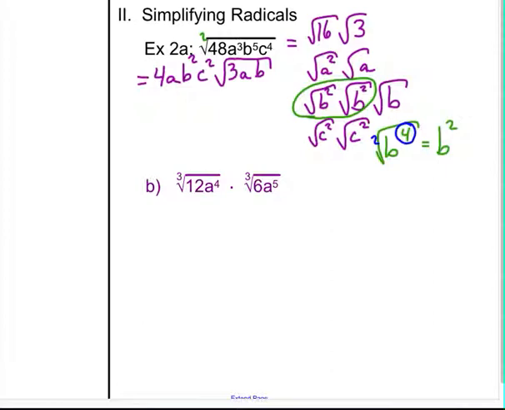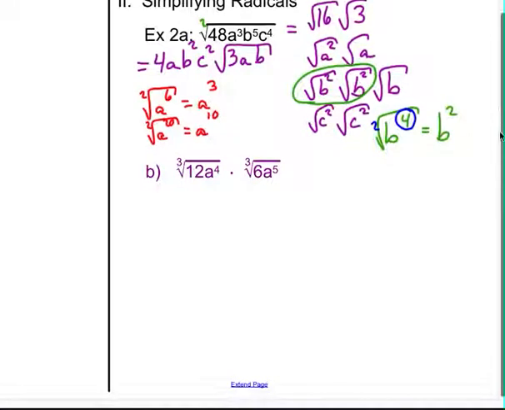So if we want to extend this further, if we're taking the square root of a to the sixth, 6 divided by 2 is 3, so that's our new power. The square root of a to the 20th, when we take 20 and divide by 2, would be a to the 10th, and so on.